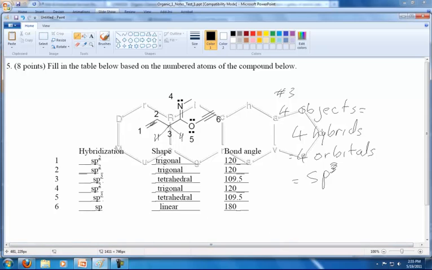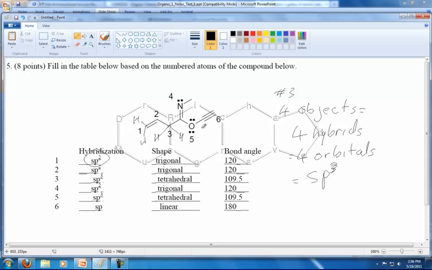In the case of atom 1, there are 2 hydrogens attached, so that means there's going to be 3 objects. Three objects means 3 hybrids, so we're talking about an sp2 type hybrid right there. So number 1 is sp2, number 2 is sp2, number 3 is sp3, number 4 has a double bond here, so it's sp2.